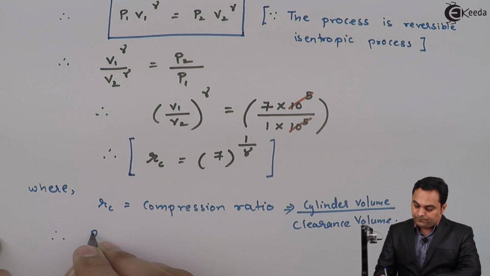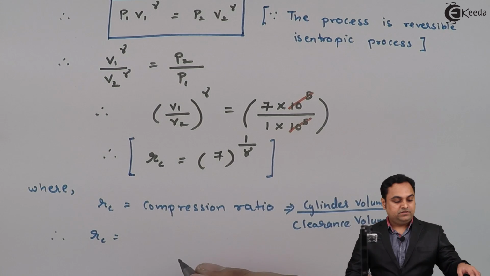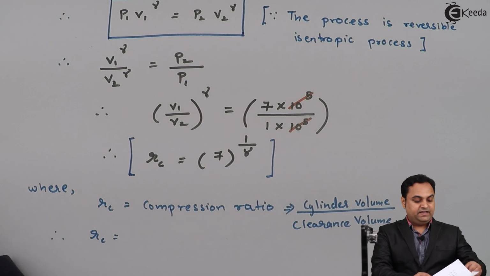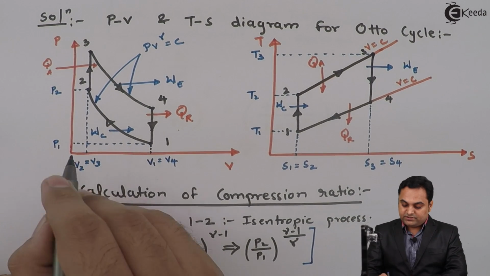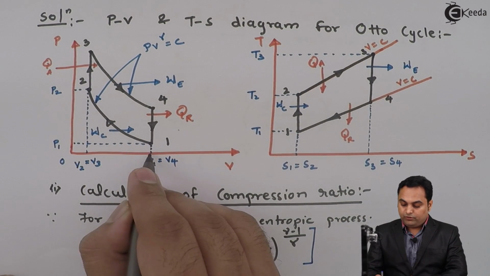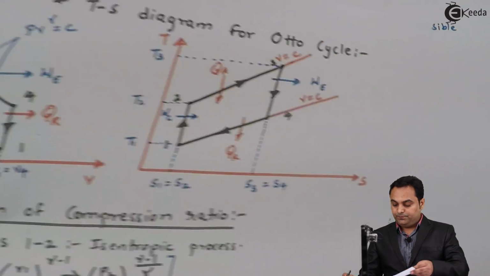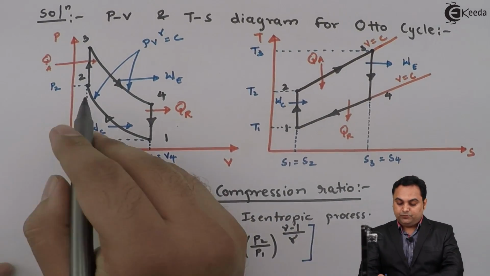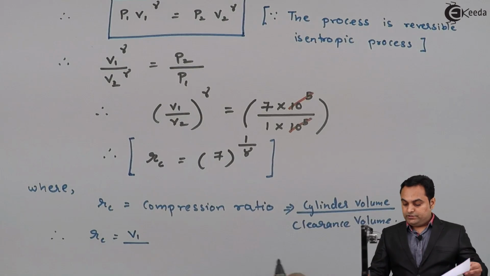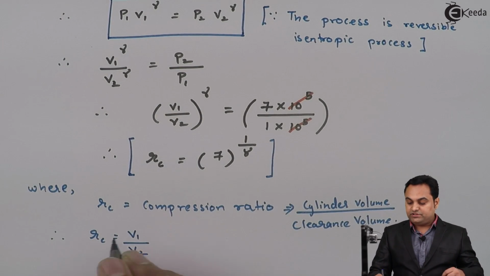So RC can be written as, now from the PV diagram it is clear that V1 is the volume of the cylinder volume, clearance volume is only up to 0.2, so V2 is the clearance volume. So V1 by V2 is RC.